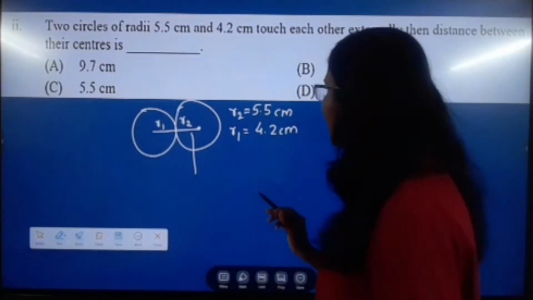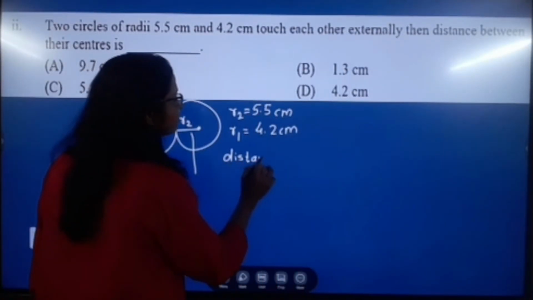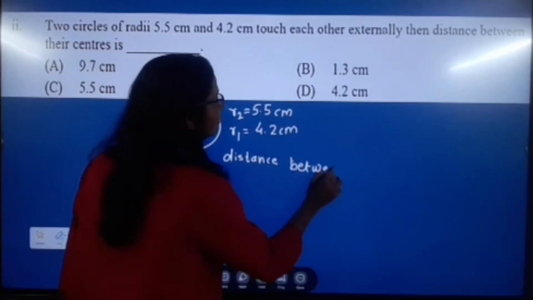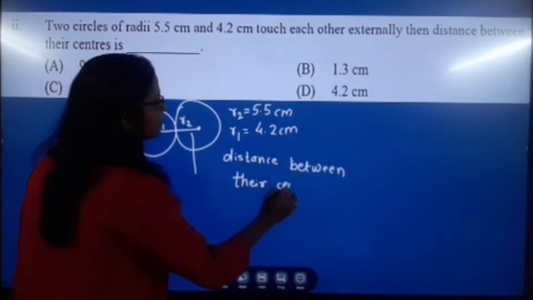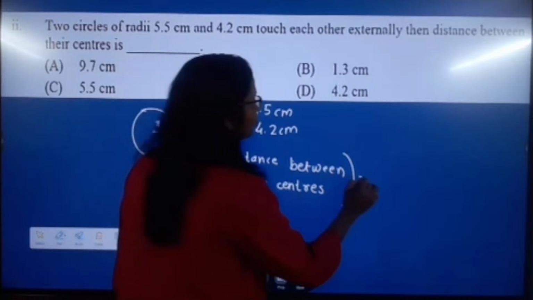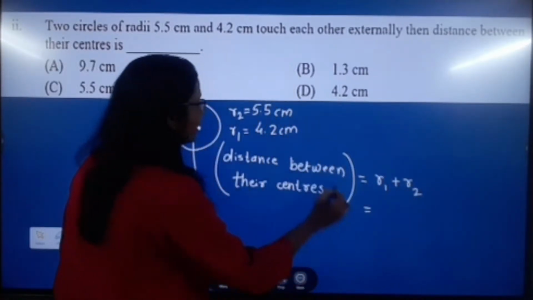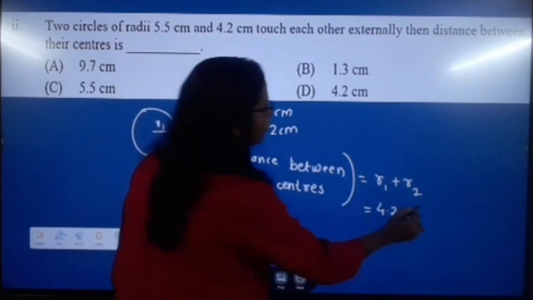So here we can write, distance between their centers is equal to R1 plus R2. Here R1 is 4.2 plus R2 is 5.5.